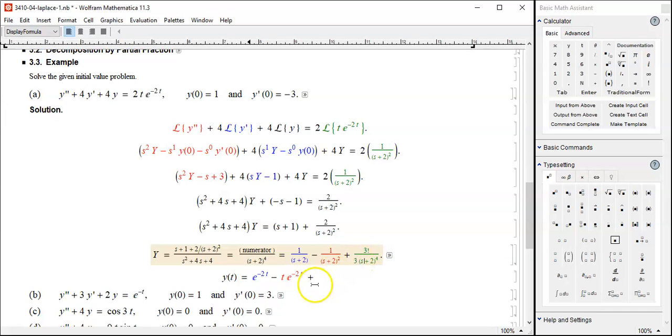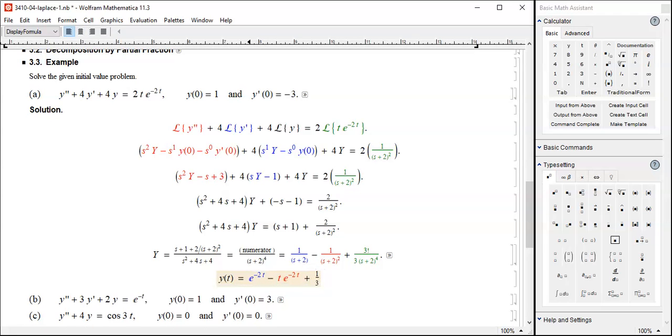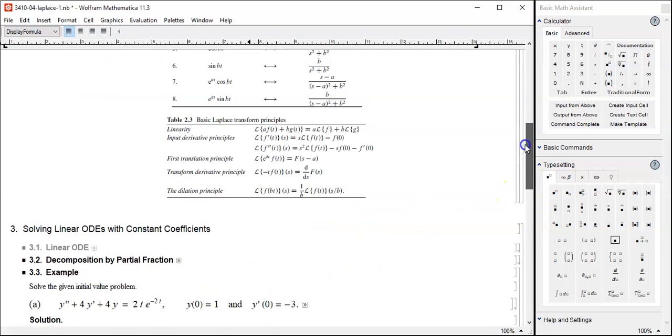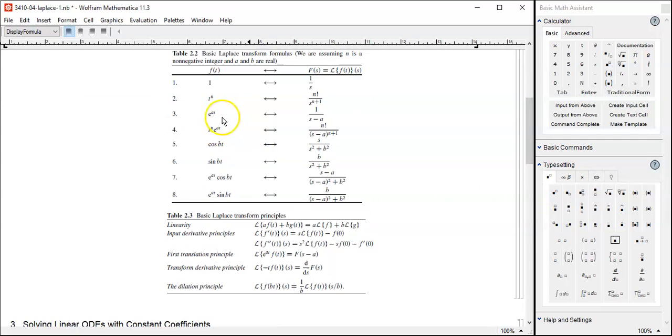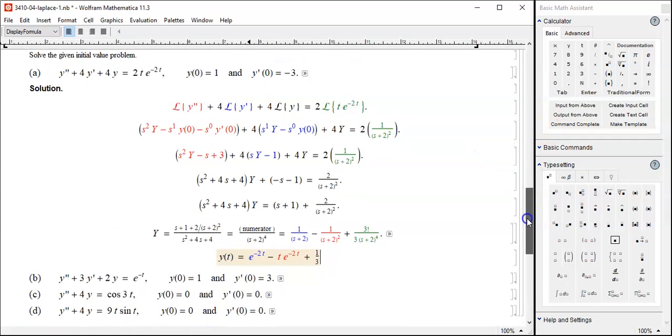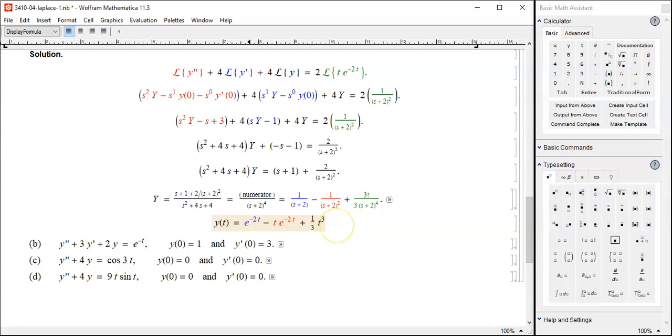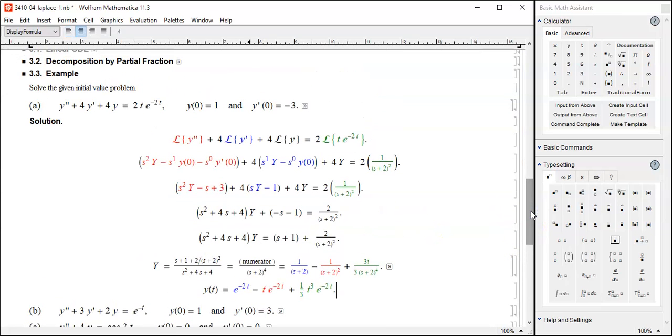Green, so I need 3, so 1/3, and then that was n equals to 3, so t to the 3rd power, t to the 3rd power, e to the negative 2t, that's green, and I guess that's the completed solution.